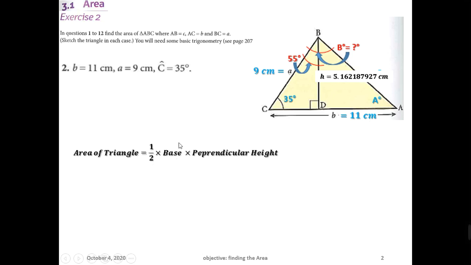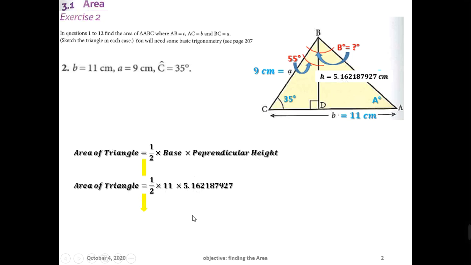The base is 11, so we're going to substitute now. So we wrote the general formula, and now we're going to substitute the base and the height in the formula. What is the base? The base is 11. What is the perpendicular height? It's 5.16. Let's do that. So it's half times 11 times 5.16.